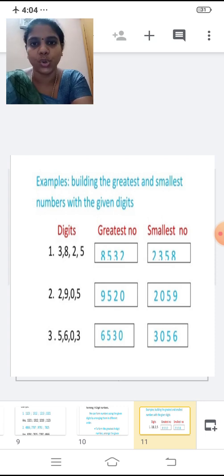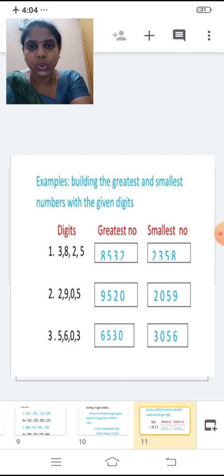So I'm putting 2 first, then 0. Next, which is the smaller number? 5, 9. 2, 0, 5, 9. So the smallest number that can be formed with the given digits 2905 is 2, 0, 5, 9.